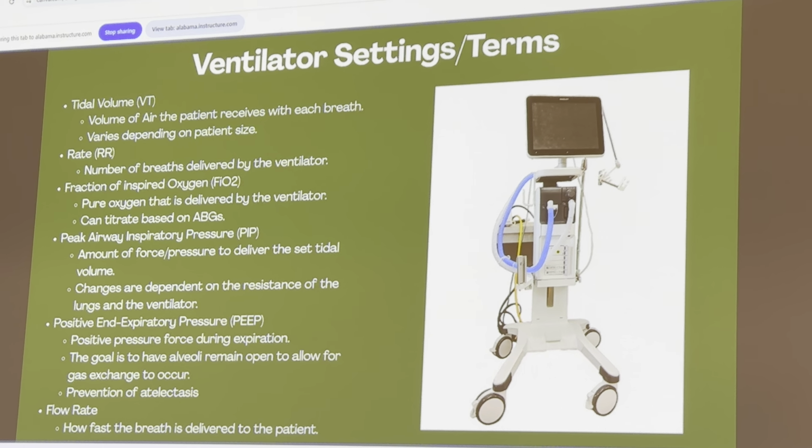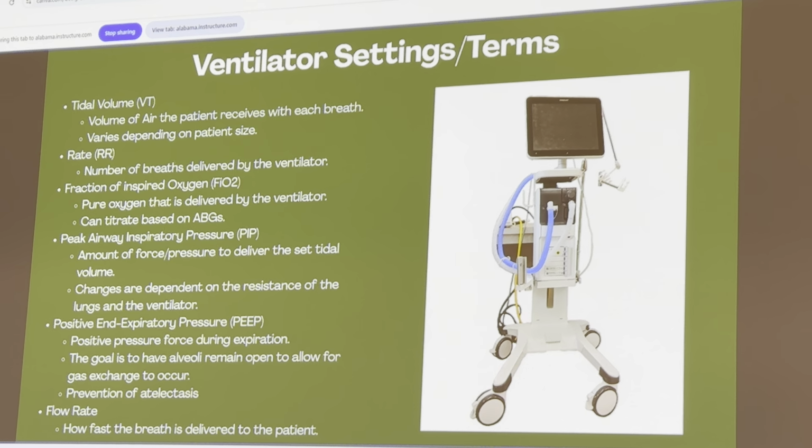If I have my patient biting, coughing, is real anxious, gagging on that tube, my ventilator has to work a whole lot harder to deliver that breath of air, to deliver that tidal volume into my patient's lung, because it's having to fight against so much resistance. So my PIP is going to be a lot higher when I have those types of issues.